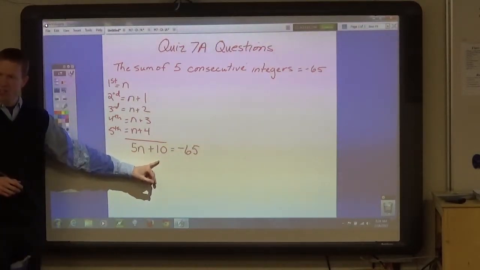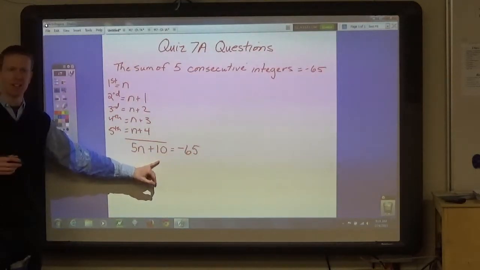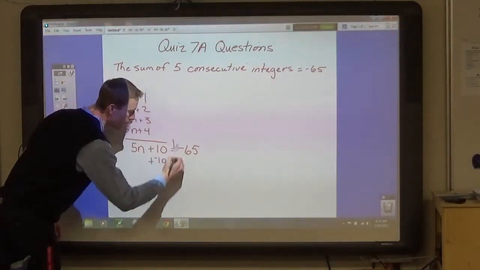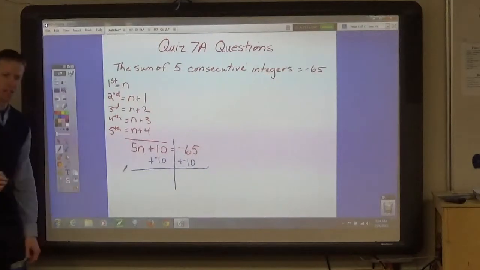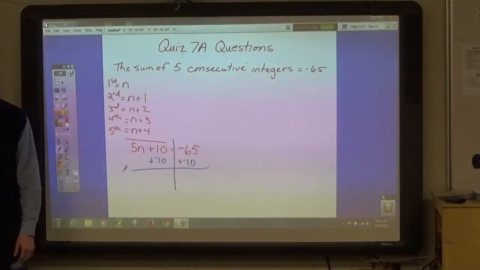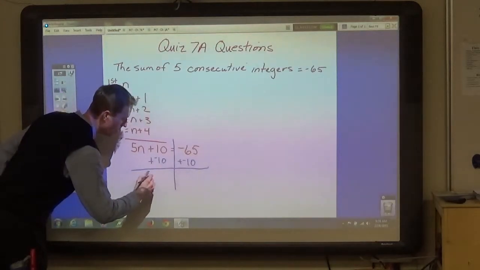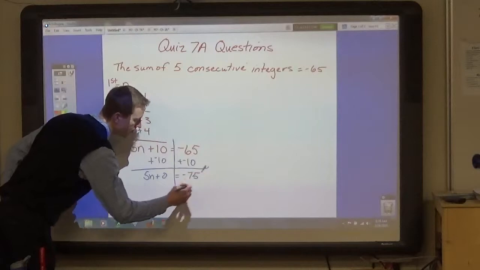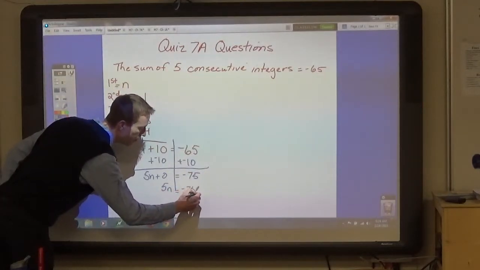How do you get rid of the 10? Add negative 10. If you add negative 10 to both sides, you get 5n plus 0 equals negative 75. So that means 5n equals negative 75.